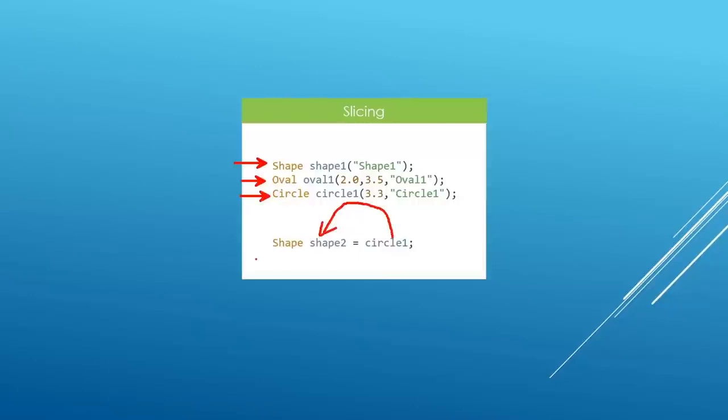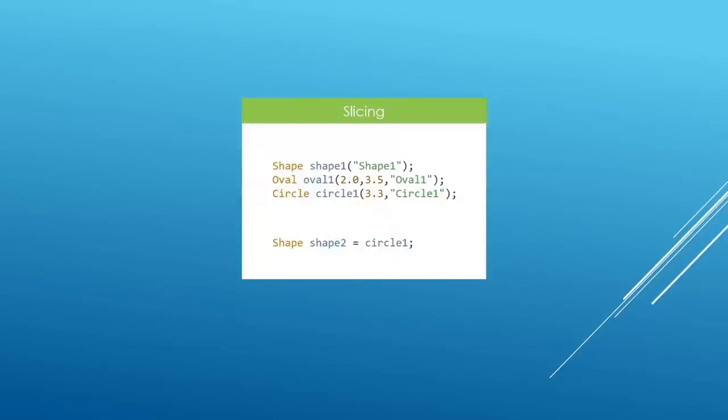These are just raw objects that we are assigning to each other. And what the compiler is basically going to do, it's going to notice that a circle has a shape poured into it. And it is going to strip off the outer layers, or in other words, it is going to strip off the circle layer, it is going to strip off the oval layer, and it is going to leave in the shape part, and that's what it is going to assign to our shape object here.